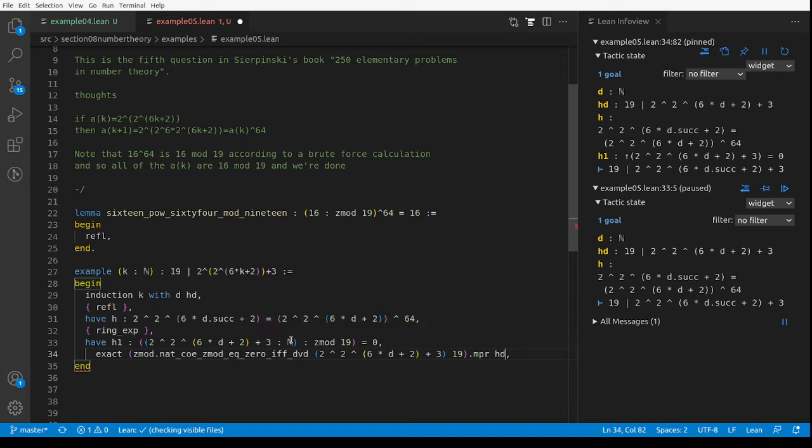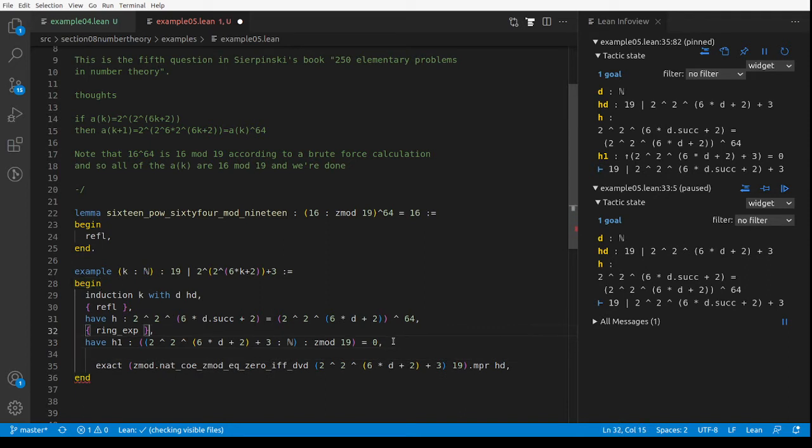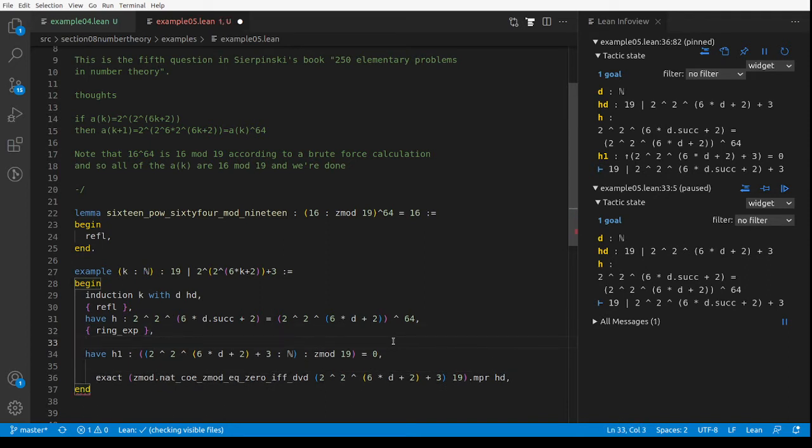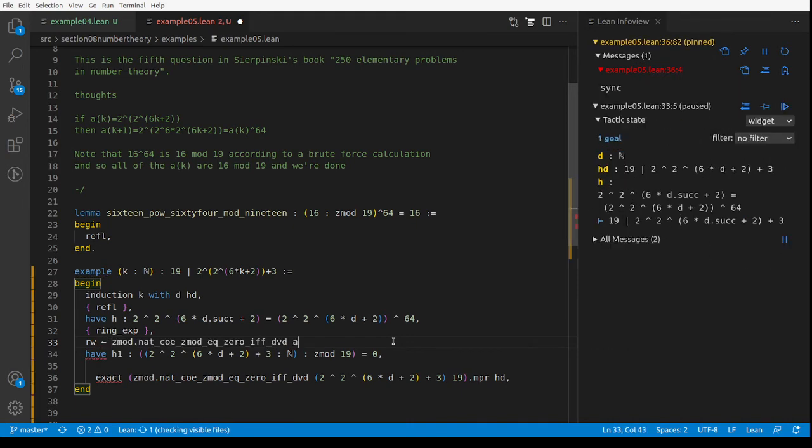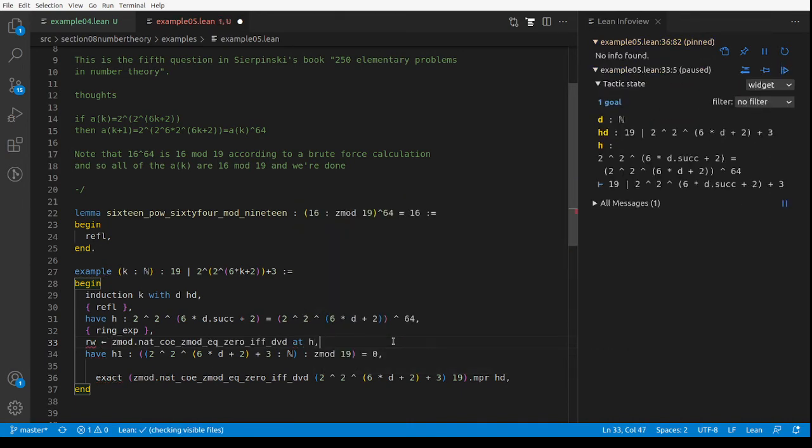So in fact, I could just rewrite that, because we probably don't need H anymore. So I could rewrite left this thing here at H. How about that? Oh, it didn't work. What do I do? Oh, at the wrong place. That's the problem. I want to rewrite it at HD.